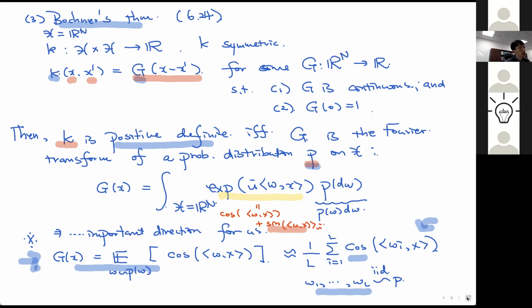So this is something called translation invariant kernels, and that appears quite often. What are the examples of K and P? The first example is the RBF kernel.